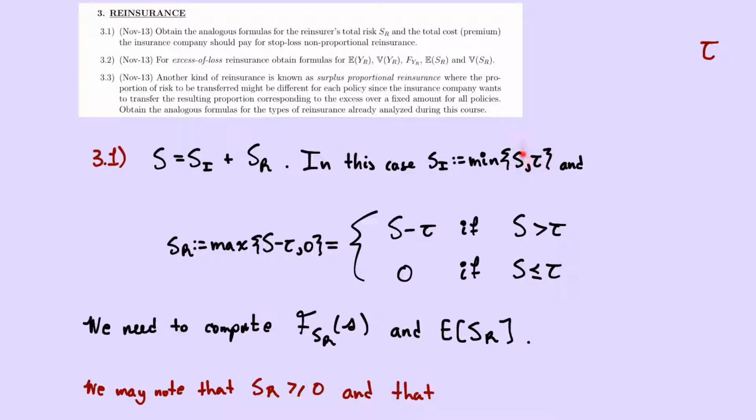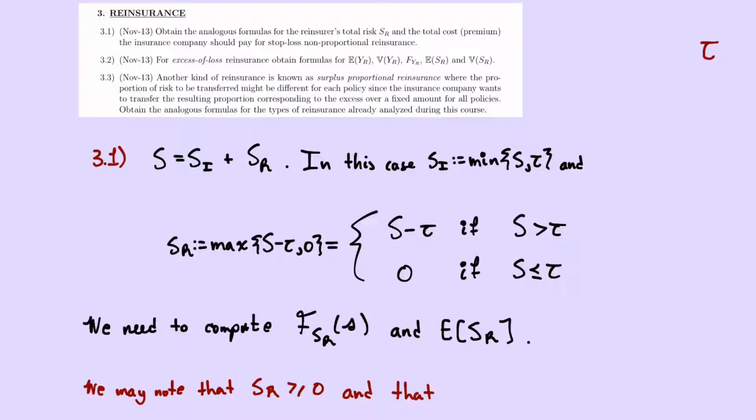Okay, this tau is a fixed, positive real number, and it's the maximum amount that the insurance company will pay over all the reclamations that we'll have over one period. Okay, it's like a deductible.